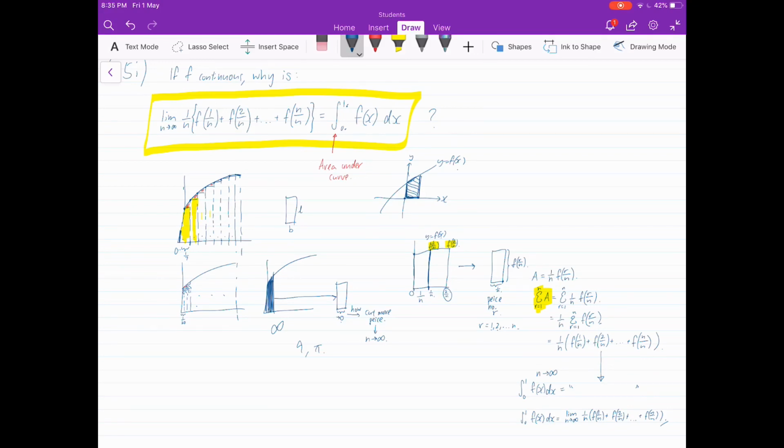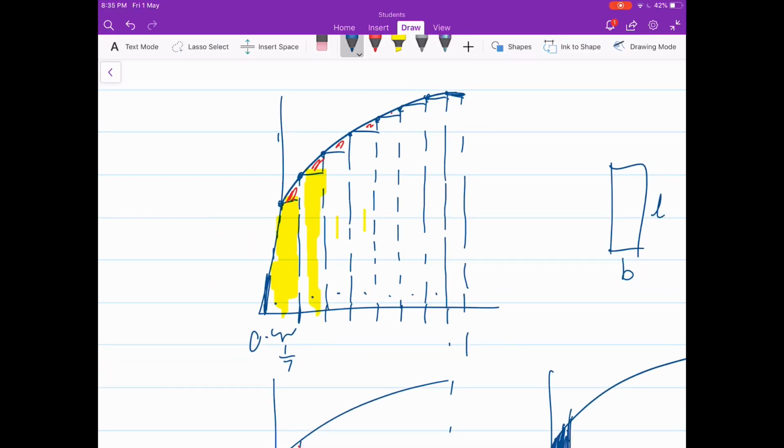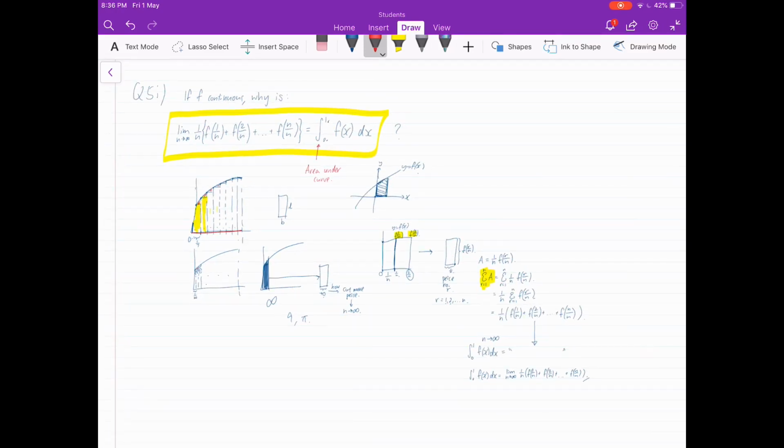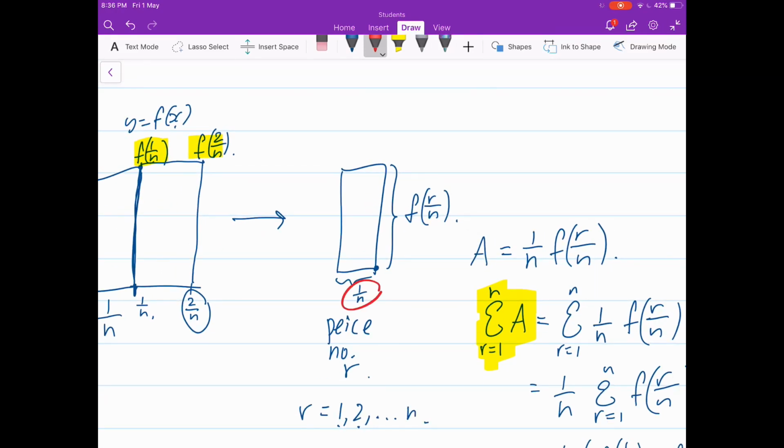Again, you are not required to make this grand explanation, but the key ideas you have to hit are that we are cutting the x-axis into n many parts so that we have n rectangles, and each of these rectangles has the base of 1 over n and the height f(r/n), where r depends on which piece number the rectangle is. Is it the first piece, second piece, and so on.